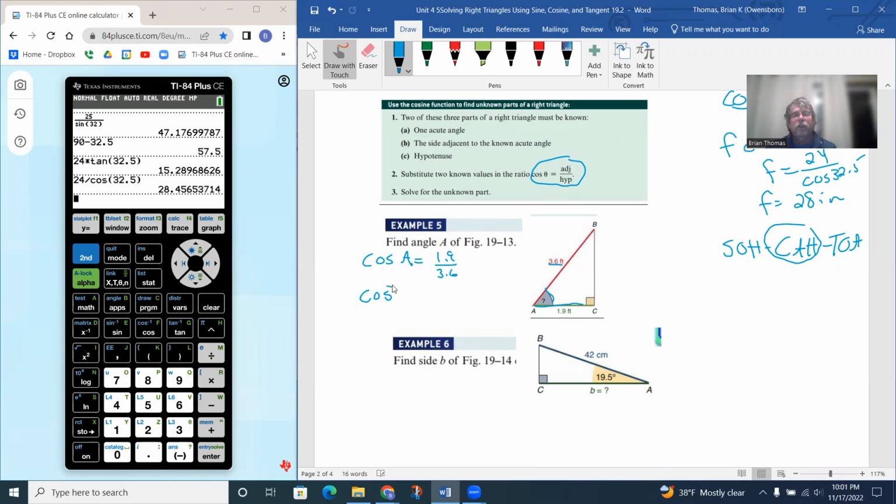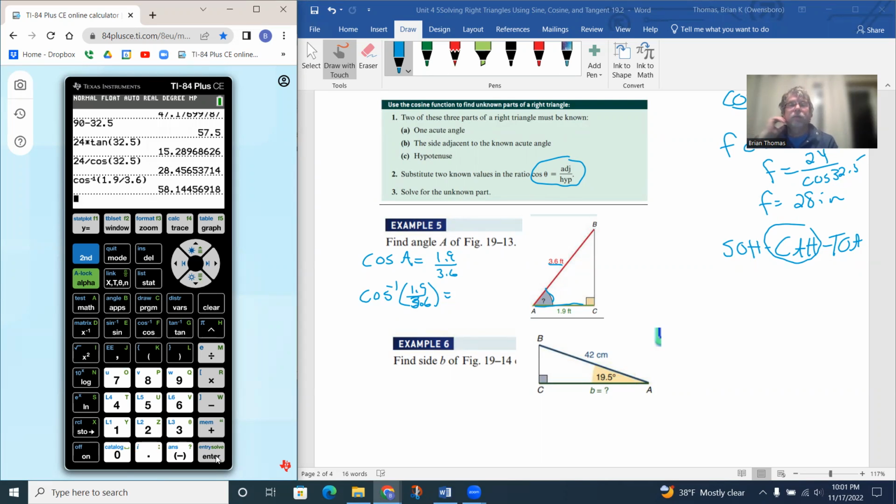So the inverse cosine of 1.9 over 3.6 will give me the angle. To get the inverse, we use the second button, inverse cosine, and then 1.9 divided by 3.6. If we enter, that'll give us the angle.